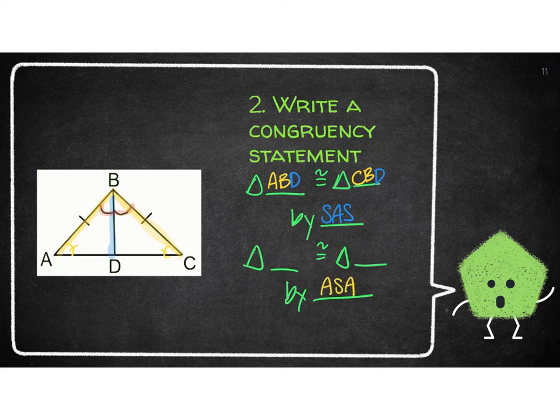And let me show you where they are. So we have these angles, we have this side, and then this angle. We have the angle and the included side. Again, the way that we name them would be the same as above. So we could call it ABD is congruent to triangle CBD. Either way would be fine.